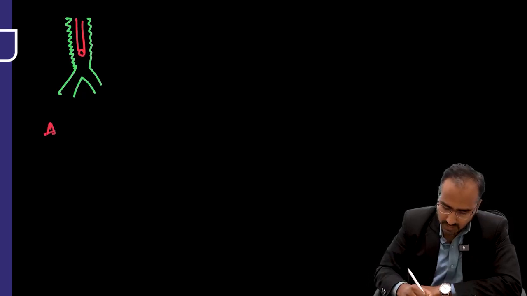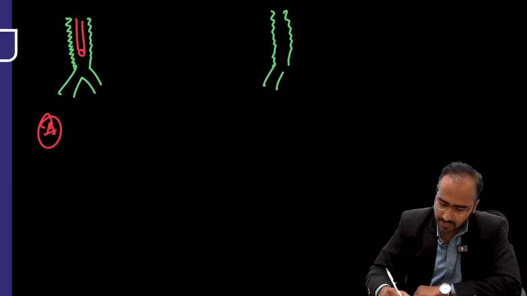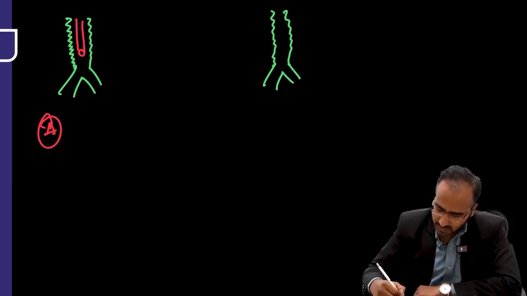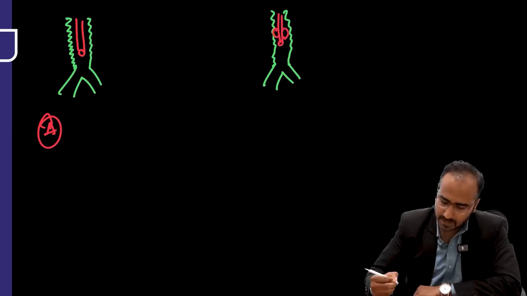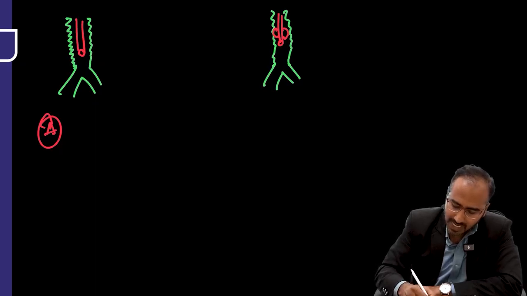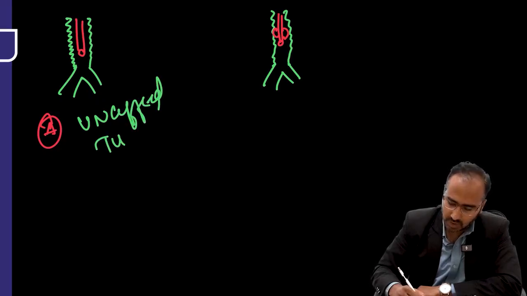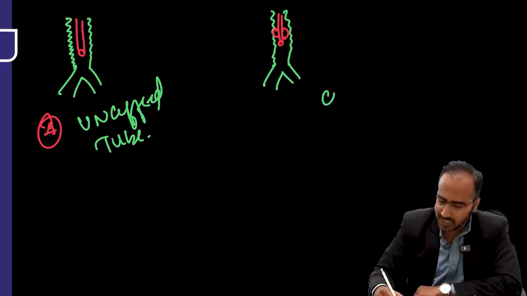This is patient A. This is patient B. Again, this is the trachea, and next, here is the endotracheal tube. Now, you might see a difference, guys. Over here, the endotracheal tube that I have used is called an uncuffed tube. In this picture, I have used a cuffed tube.